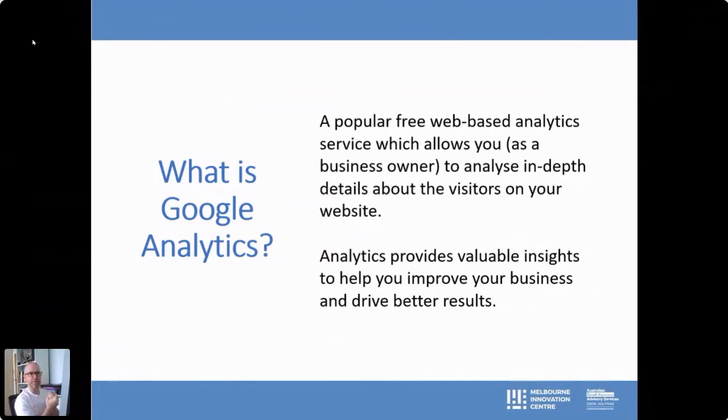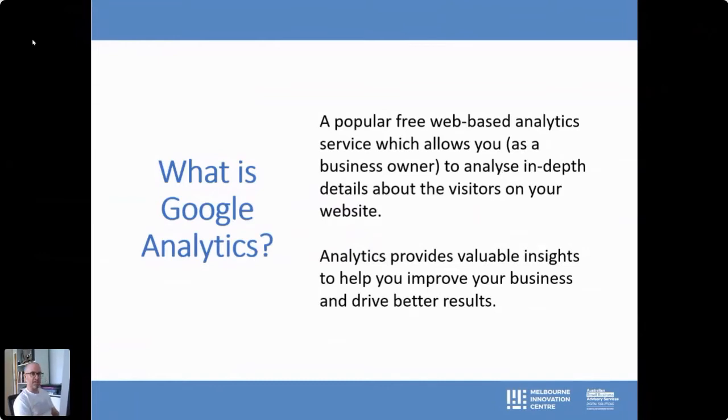Dominica says, Brett, if I have the plugin installed at WordPress and tracking code added to Shopify, will I see them both on the same dashboard on Google Analytics, or do I need two separate Google Analytics accounts? So no, Dominica, it sounds like you've got a WordPress and a Shopify website.